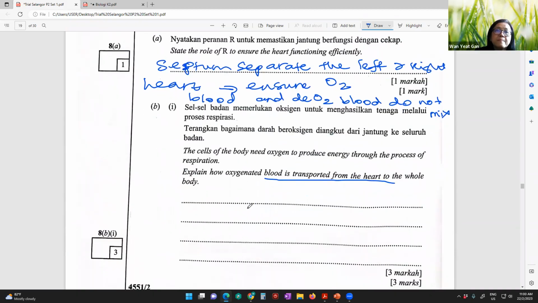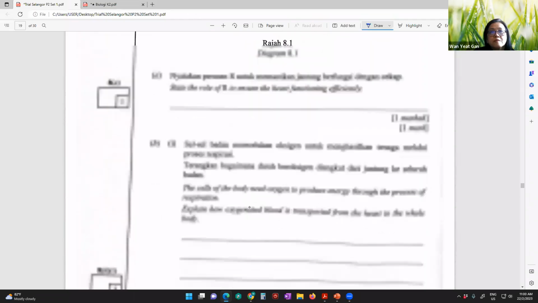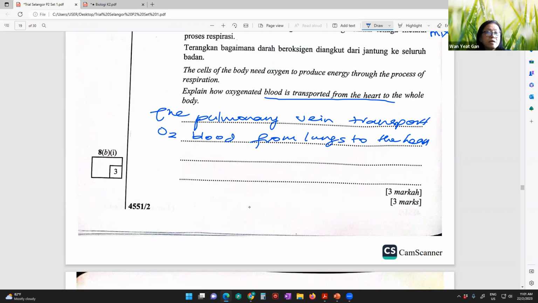P transports oxygenated blood from the lung to the heart, which is actually to the left atrium.